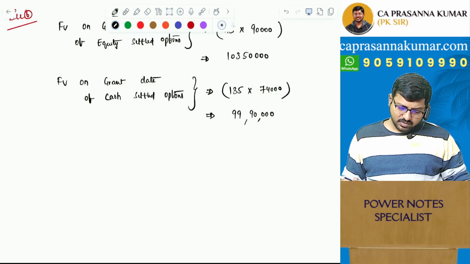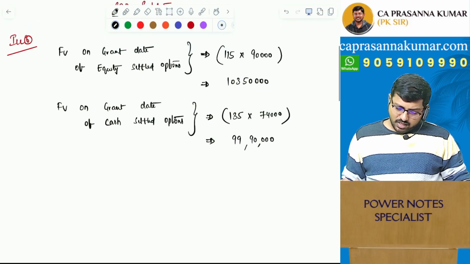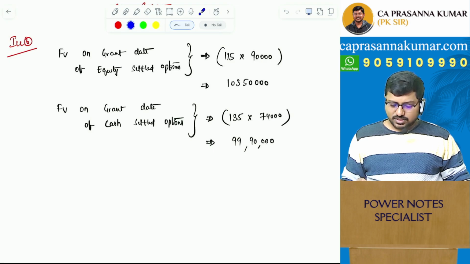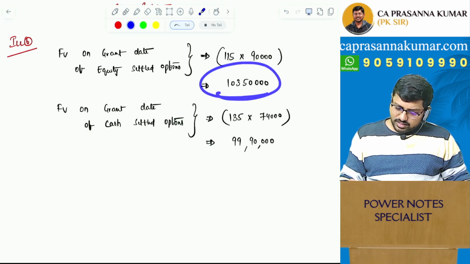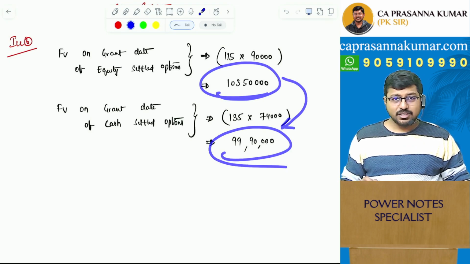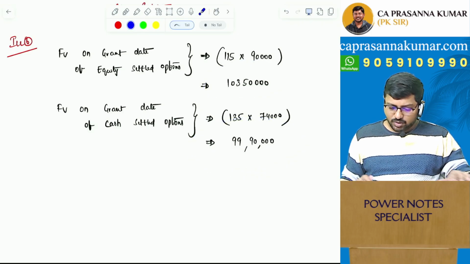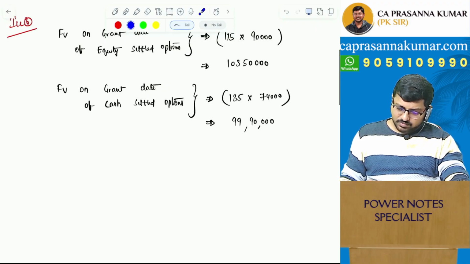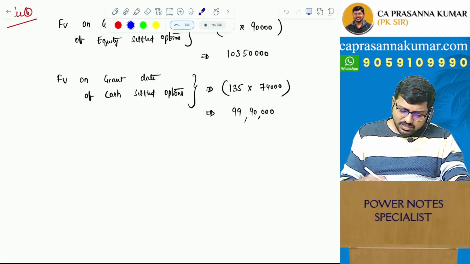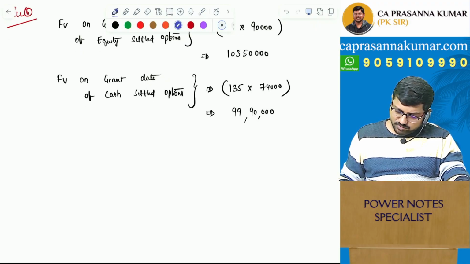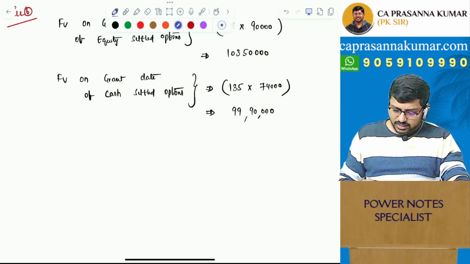Yes? Okay. Now, according to our steps, this fair value of the equity settled option should be greater than fair value of the cash settled option. To that extent of the difference, we'll take it as equity option fair value, correct? Chalo. Because it's a kind of compound instrument only, na? Because you can choose either one, right? Chalo.